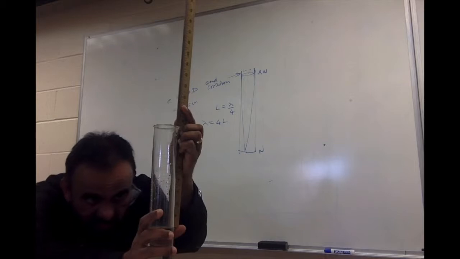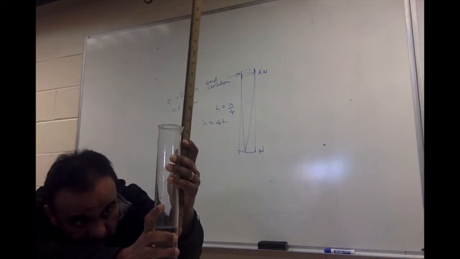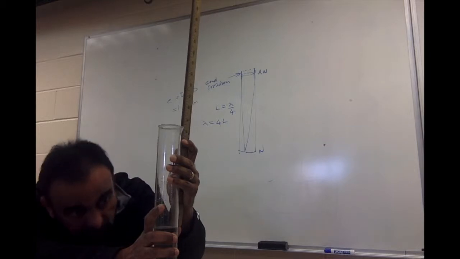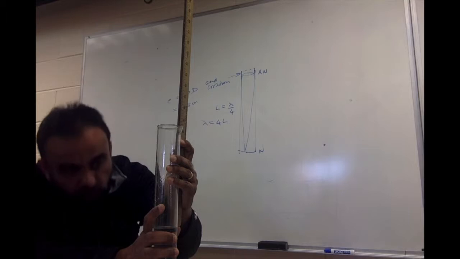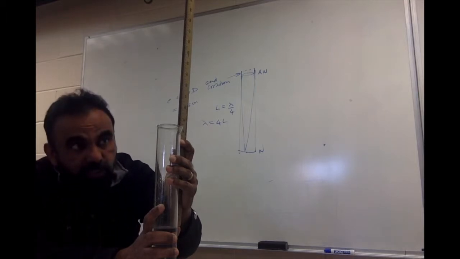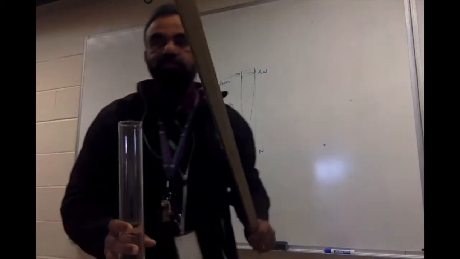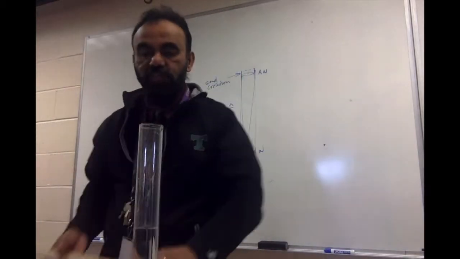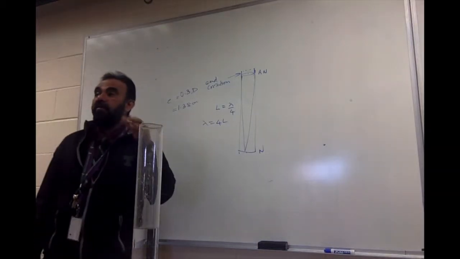So the resonance length is 20.7. So now add 20.7 to 1.38.